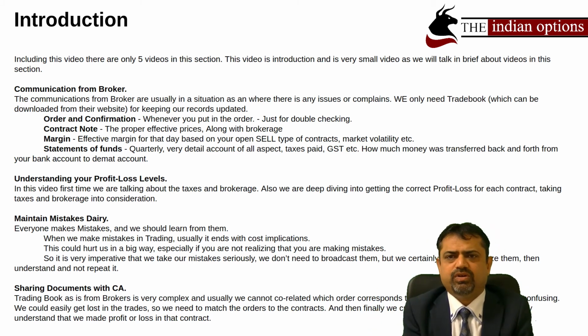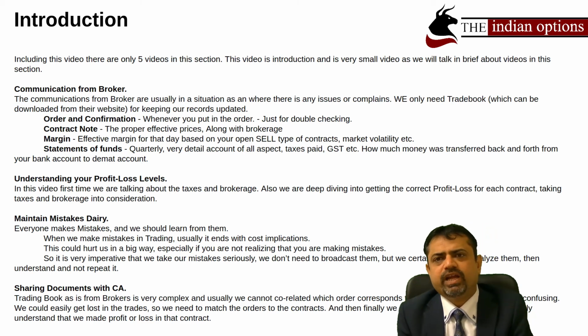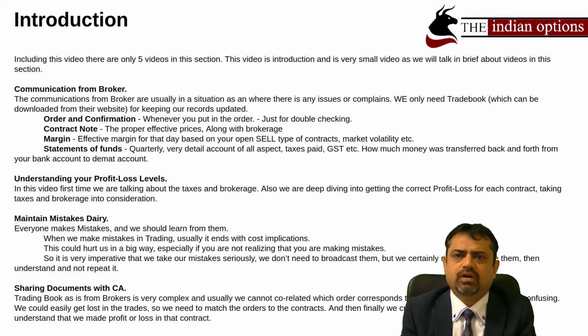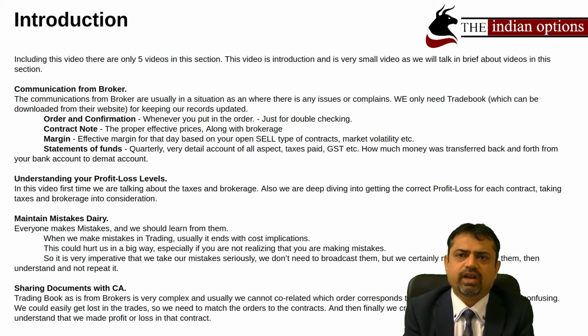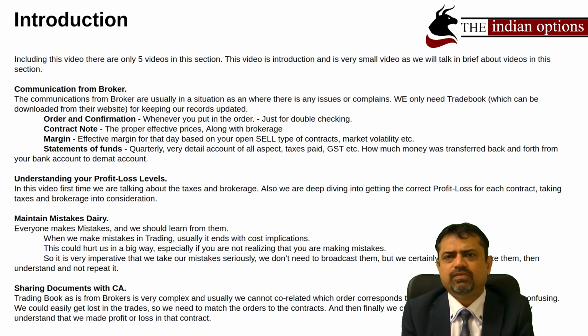So we are going to discuss in this video what exactly we get from the trading terminal. In the trading terminal, there is an option to download your trade book. This trade book has the history of all the trades that you have ever done or that have ever been executed. This is very raw information, and if you give it to the CA, he is going to start pulling his hair, because he's not going to understand anything, like what you purchased, how you purchased, whether you made loss or profit.